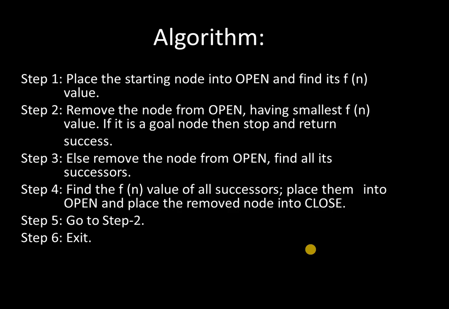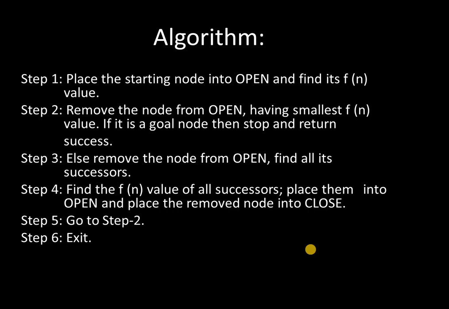A-star is asked frequently, and another question is the anomalies of the hill climbing algorithm, and also the difference between heuristic search and uninformed search is asked. But A-star and anomalies of hill climbing are the frequently asked questions, so it's very important, and you have to learn the algorithm because it holds marks.